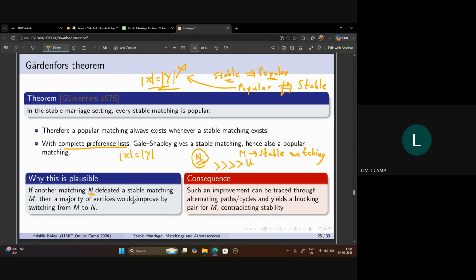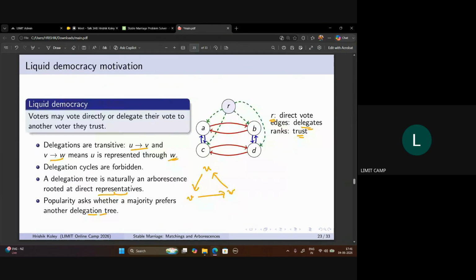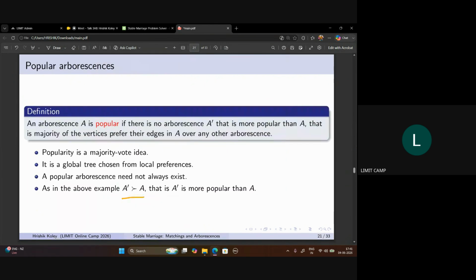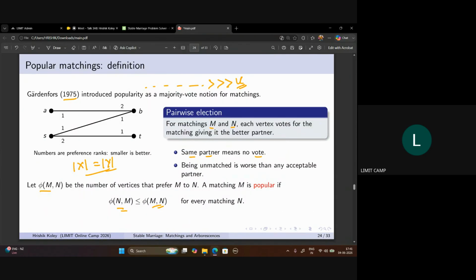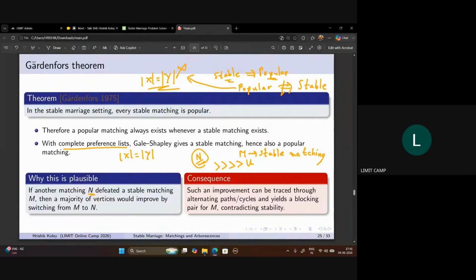So let's say there was a condition where some n was preferred over some m. Then think of just two pairs, x1, y1, x2, y2.